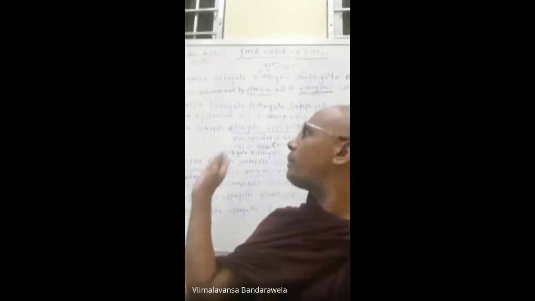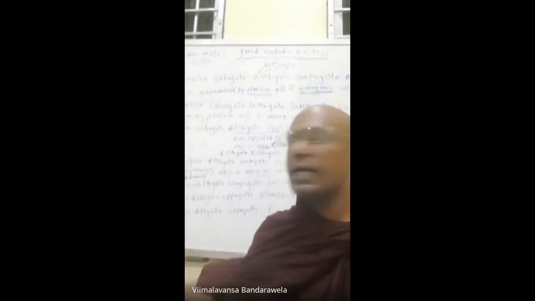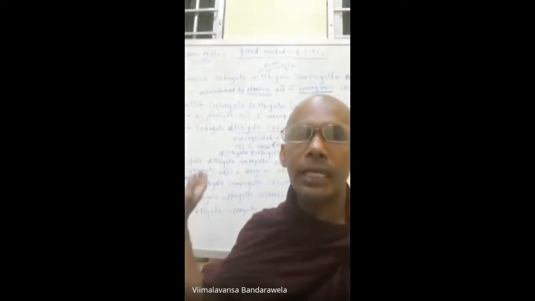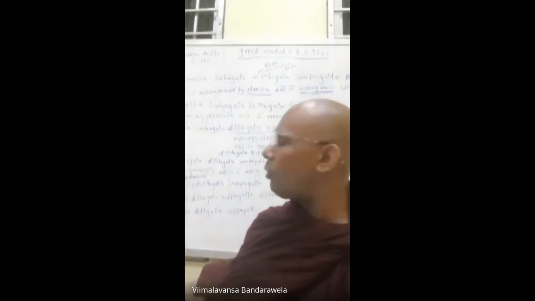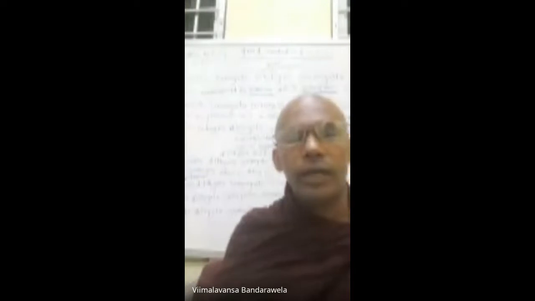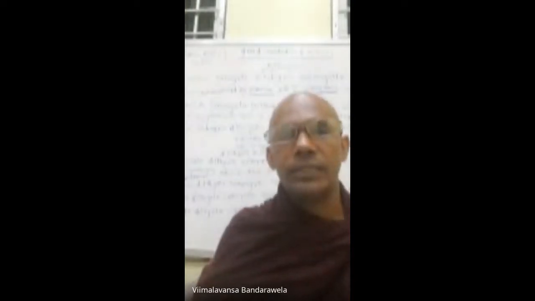Asankharika means unprompted. I have given an example, no? Again, the second consciousness. So you have somanasa for consciousnesses and upekkha sahagata for consciousnesses. That means pleasure for the consciousnesses, and equanimity or indifference for the consciousnesses, right?